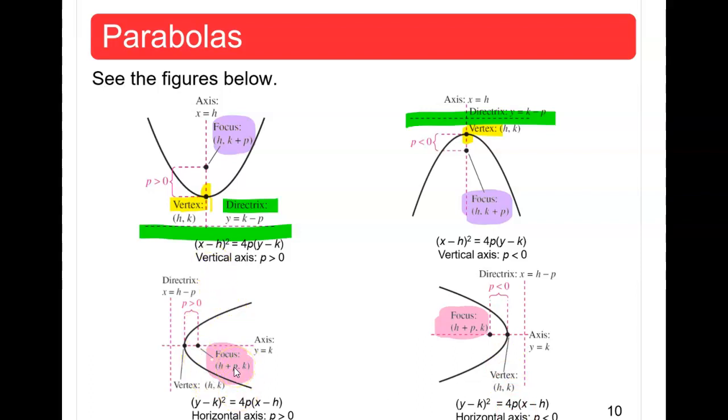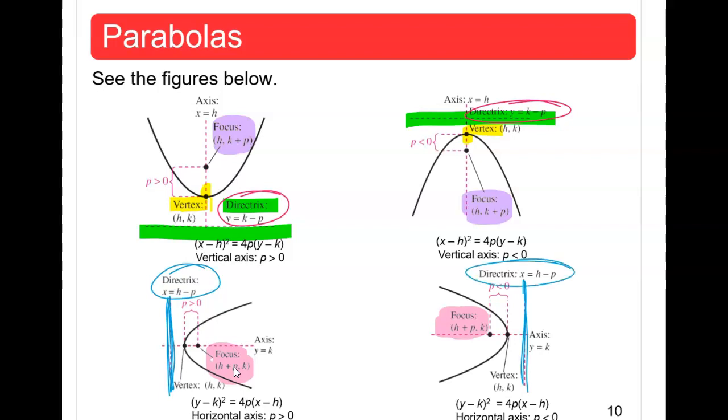Also, for the directrix, we have different formulas. For upward and downward parabolas, the directrix can be found by using that formula. And for the other two types, the sideways type, we have a completely different formula here. And so remember, they're vertical lines. These are the vertical lines that we're talking about.